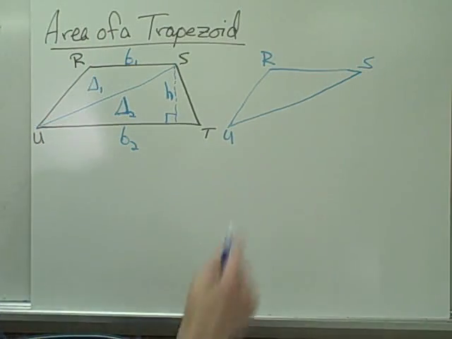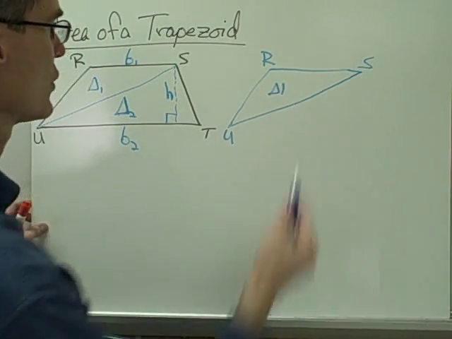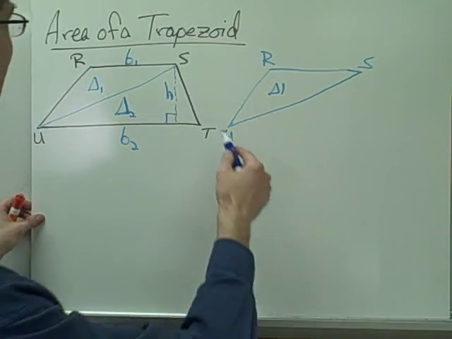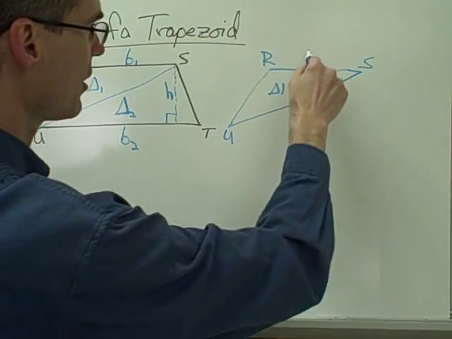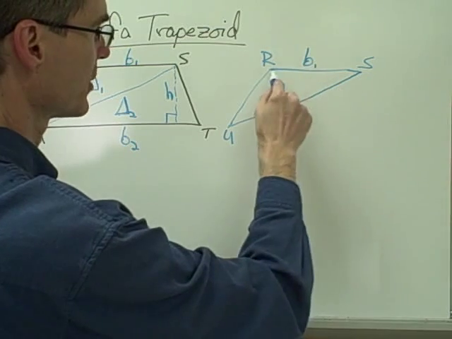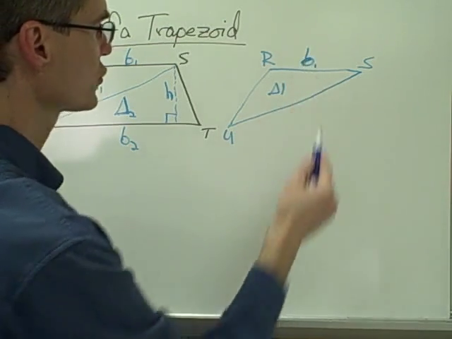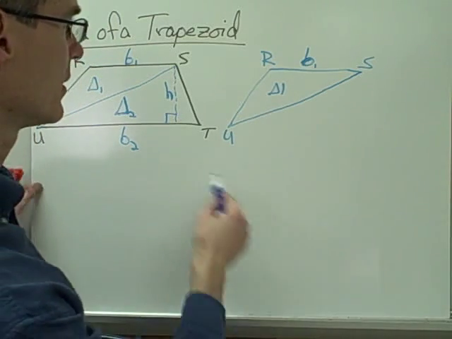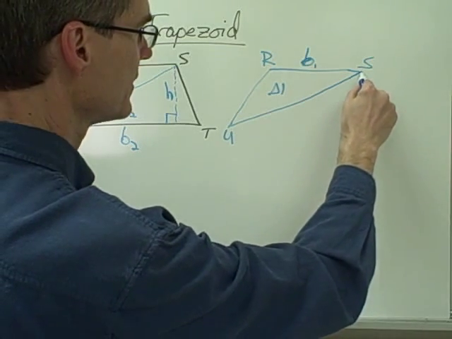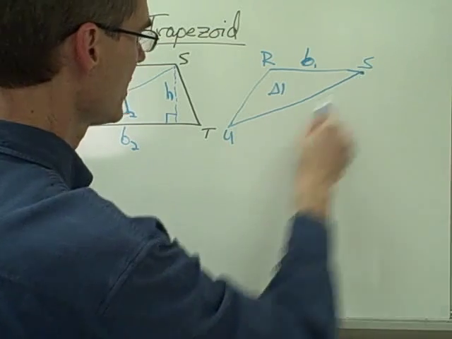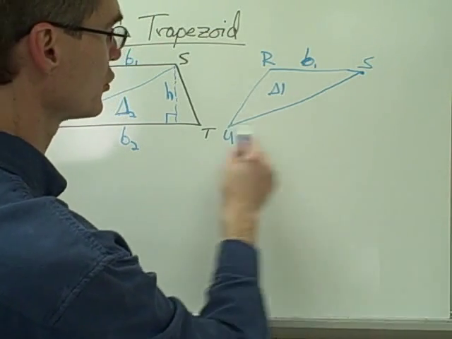That's triangle URS. All right. So here's triangle number 1. And the base of this triangle, I'm going to use this as my base. And I want to draw an altitude on this triangle. I want to draw it from, let's say, this vertex perpendicular to my opposite side.